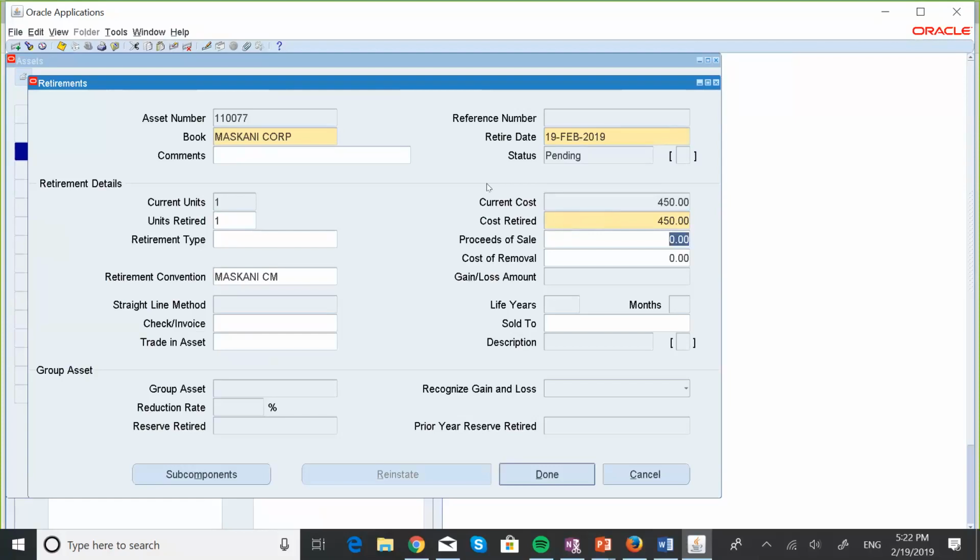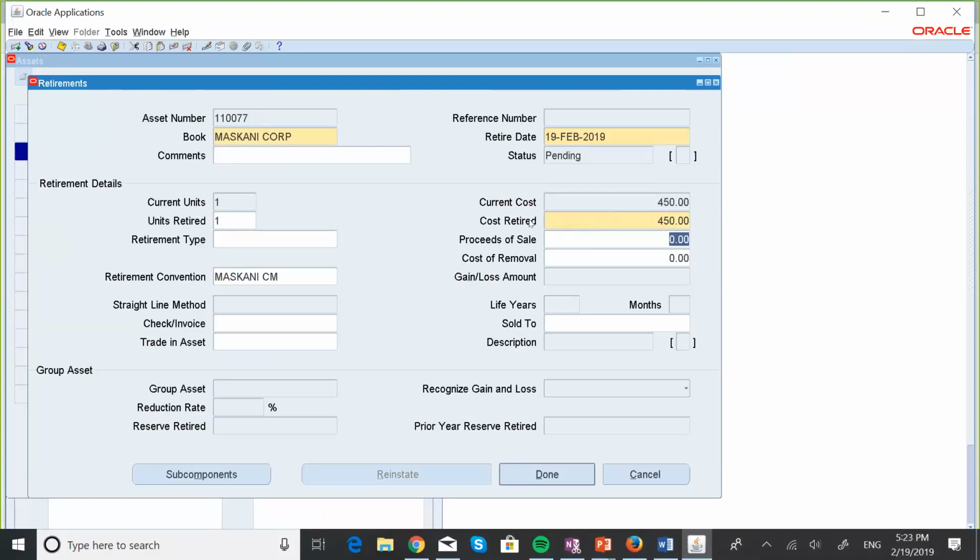If you have multiple units for your asset, which you had entered when you were adding the asset, then you can tell Oracle how many units have been retired, and it can calculate the cost that has been retired based on proportions.